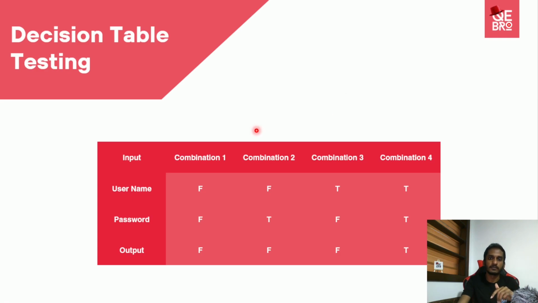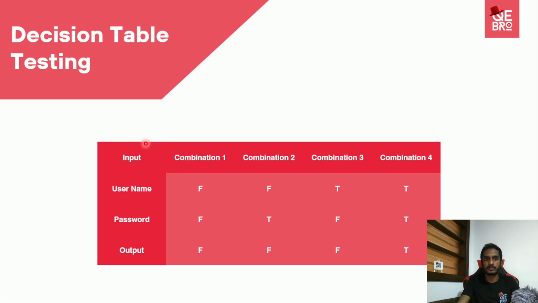But if you have a table like this, it is very easy. You can go column by column for each combination. When we have a very small number of inputs like this, it is easy to do manually. But in the example I mentioned, with 5 inputs and 32 combinations, it's a bit hard.